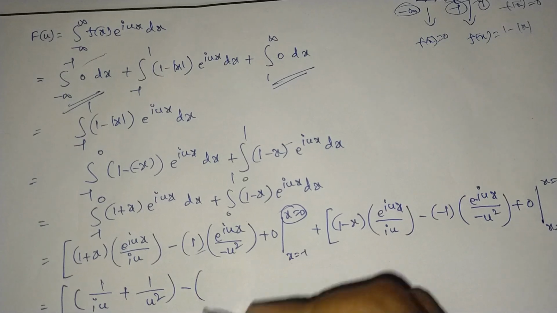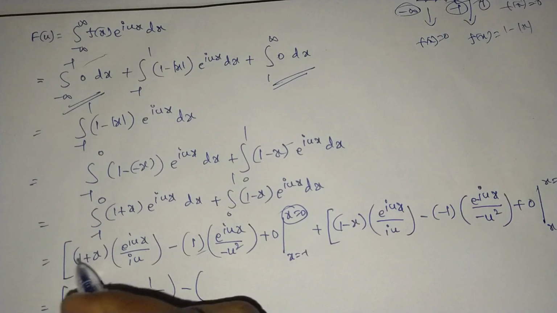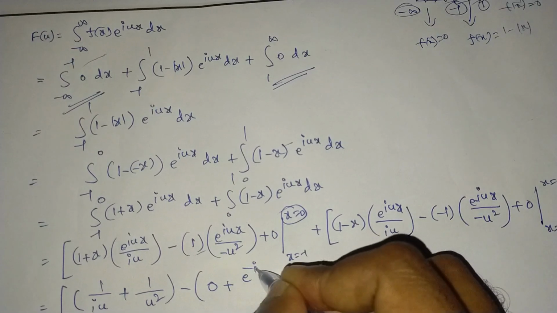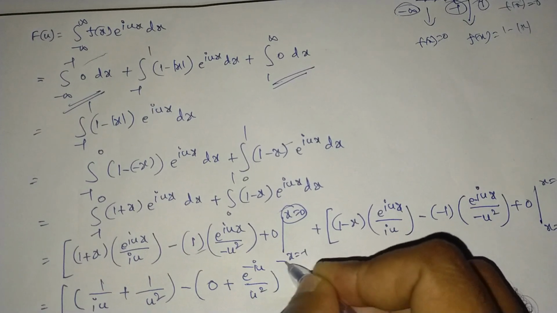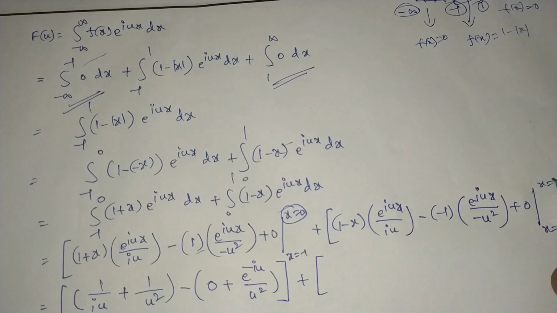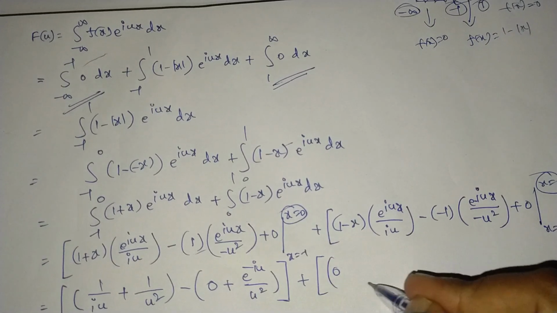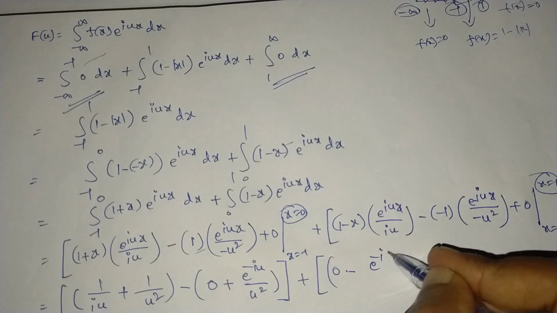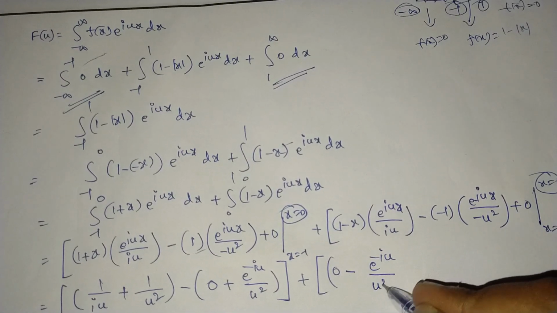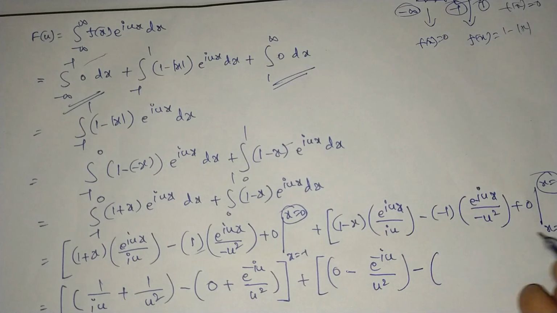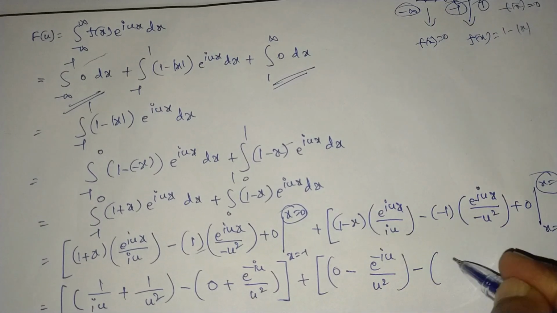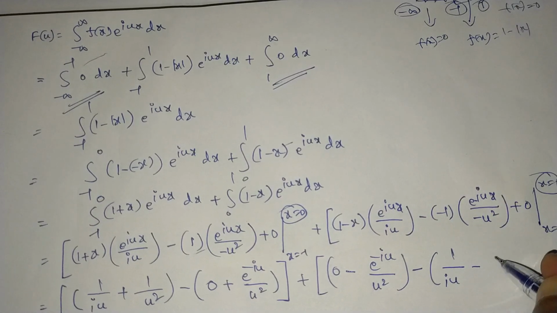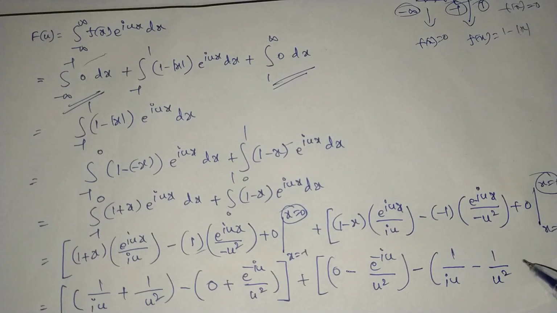This is the upper limit, minus substitute x equals minus 1, so 1 plus x will be 0, minus into minus plus, so e power minus i u divided by u square, plus, so here if I substitute x equals 1, 1 minus 1 will be 0, minus into minus plus, plus into minus is minus, so e power minus i u divided by u square, upper limit minus lower limit, put x equals 0, 1 minus 0 is 1, e power 0 is 1, 1 by i u, minus into minus plus, plus into minus is minus, so 1 divided by u square.